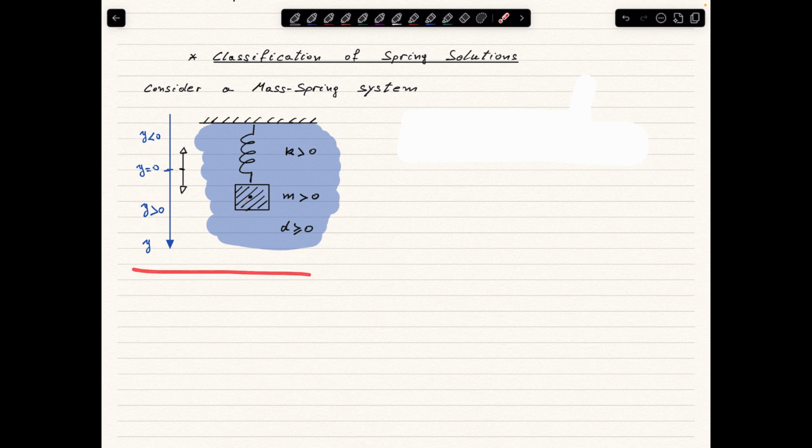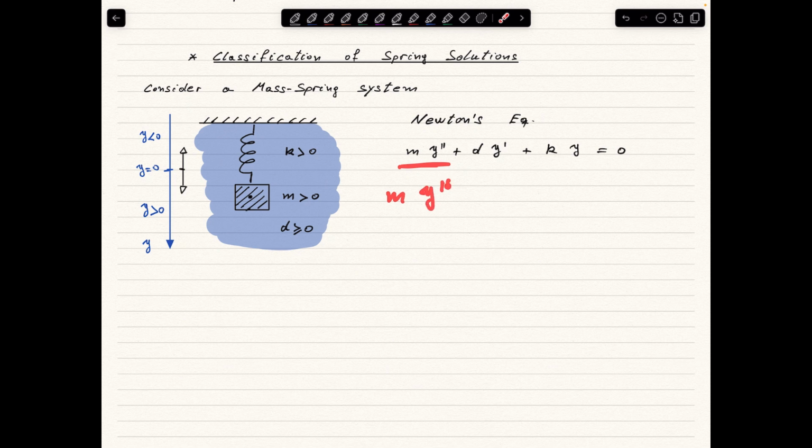The system is described by Newton's equation of motion, which says that mass times acceleration is equal to all the forces acting on the system. The forces here are the force of the spring, which is opposite to the displacement, and the force due to friction, which is opposite to the velocity. So this is the usual expression for the forces.